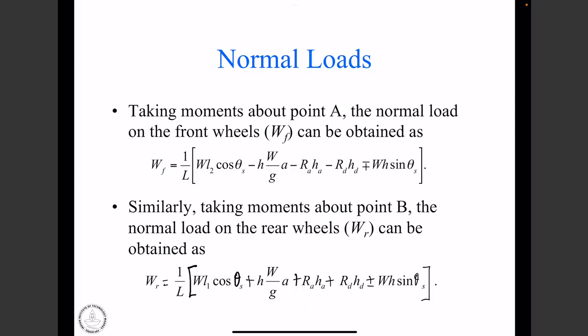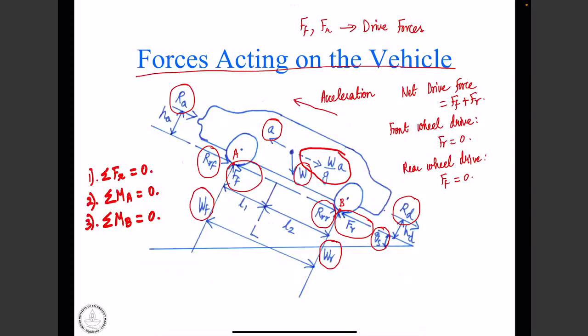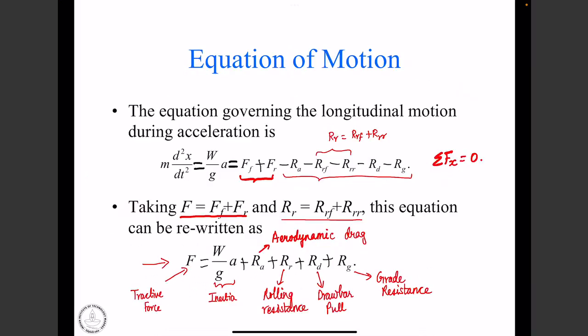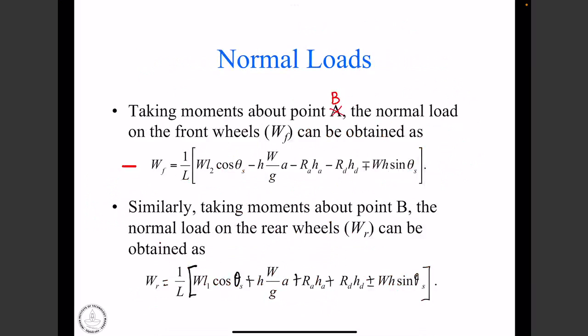If we do moments, it depends on what point A and point B are. This should be point B. If we go back, point B was the rear tire contact point. So if we take moments about point B, we will get an expression for WF in this manner.